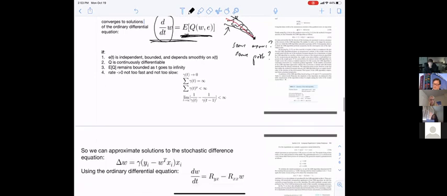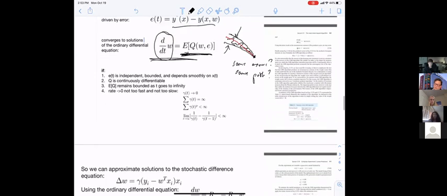So the criteria, and we went through these before, but I just want to be clear about what these are. We look at criteria number 1, the input data, E of t, which you can think of as X and Y. They're independent, bounded, and they depend smoothly in some sense on the underlying variables that you care about. Independent means they have to be drawn independently.